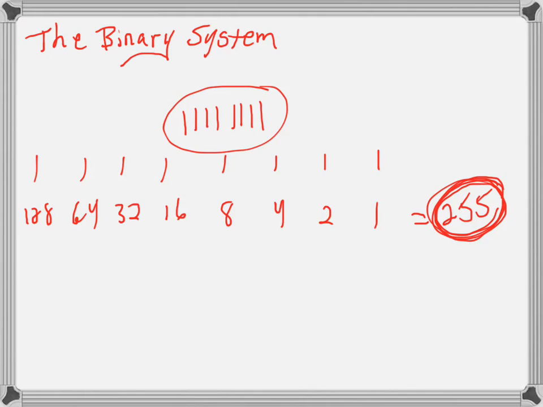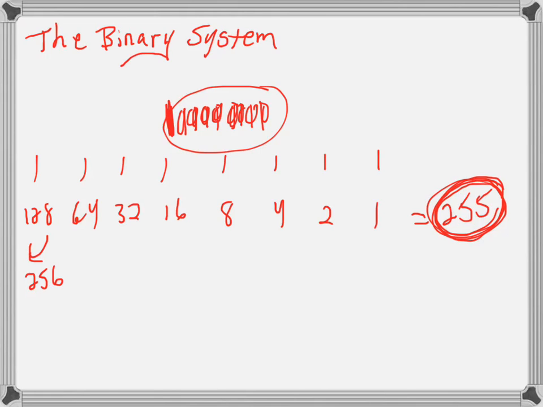What if I did one more 1 out here? Well, if I added 1 onto this, I would get 256. So that would put a 1 here, and that would make all the rest of these zeros, right? Because what's the next number after 128? You're going to take that times 2, and you're going to get 256. So the next position here would be the 256 position. That'd be 1, and then all the rest of these would be 0.